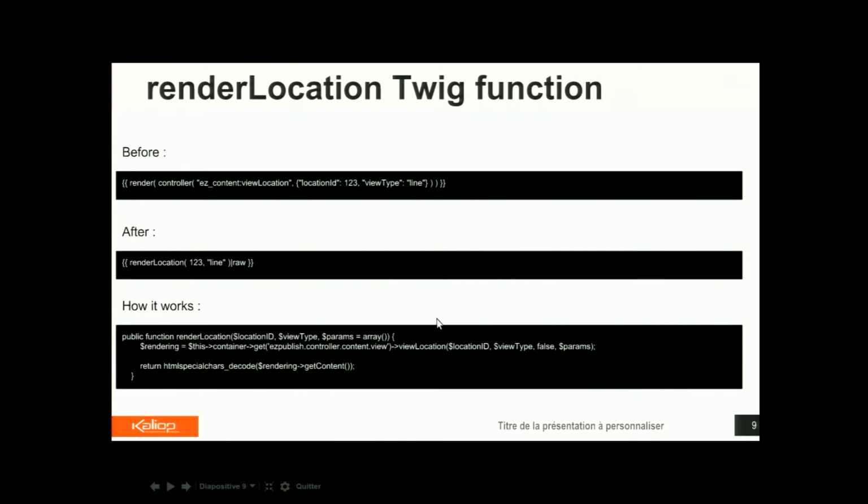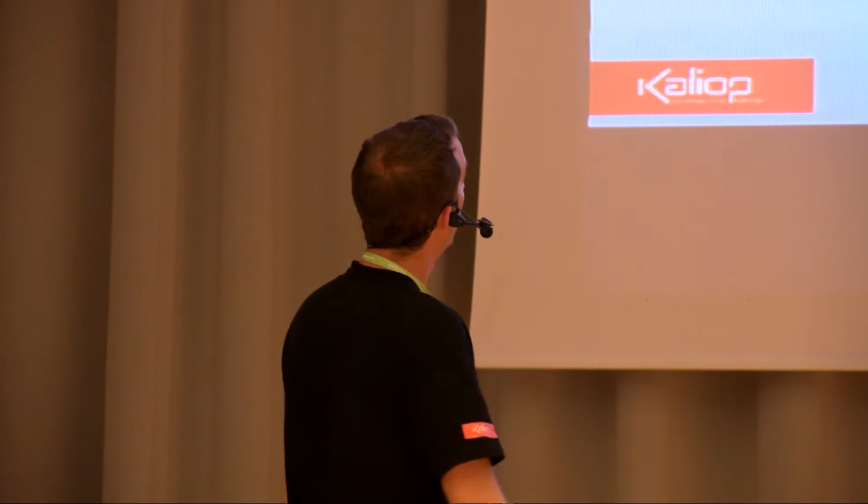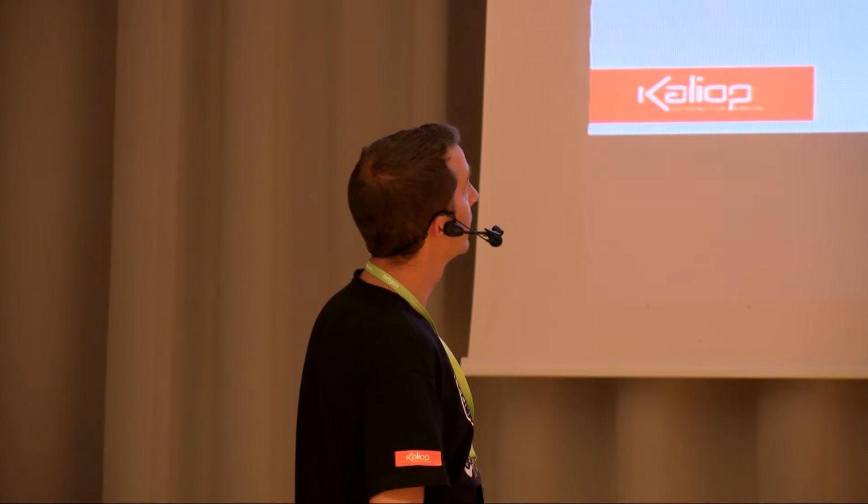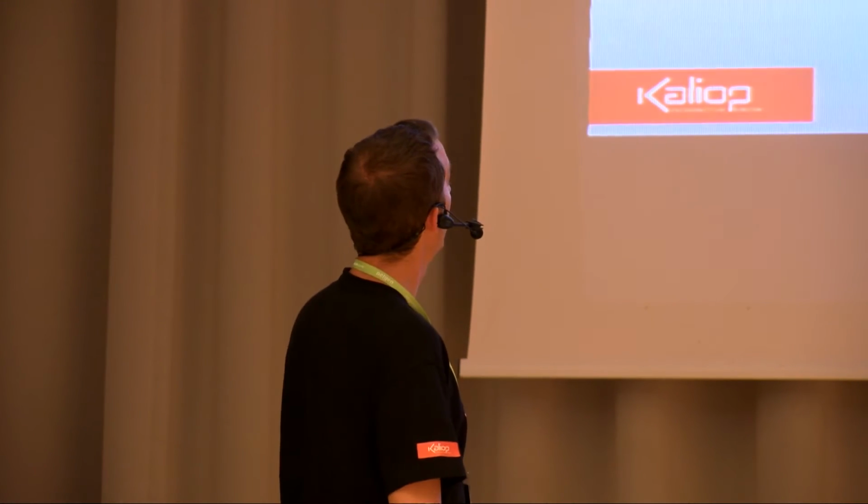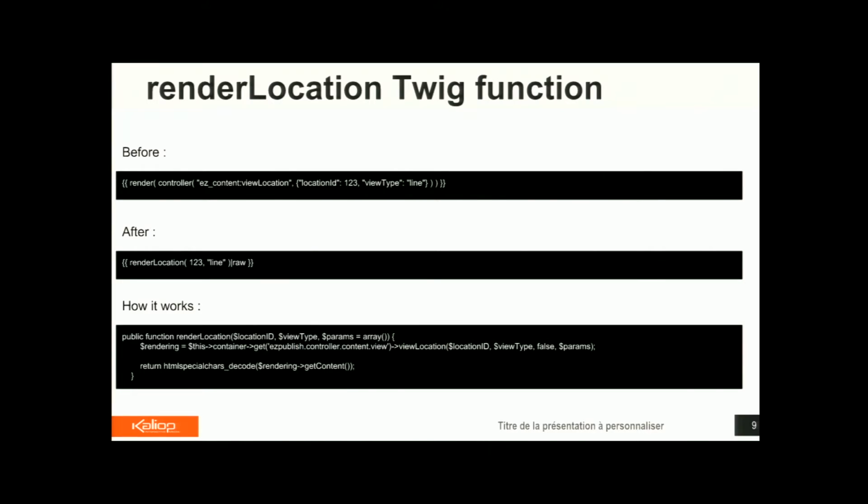Yeah, the render location. I think most of you today use the render controller with the content view location method when you have to render a location, whether it is line or full or block or whatever. With this bundle, you can just use the Twig function render location with the location ID and the view type.